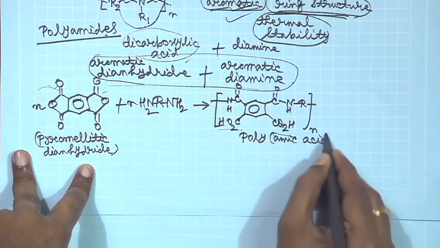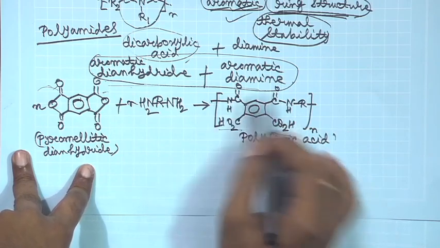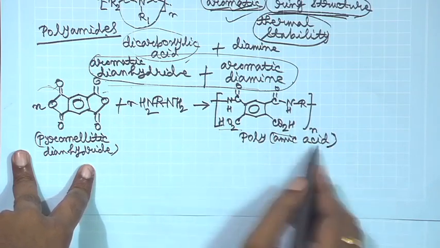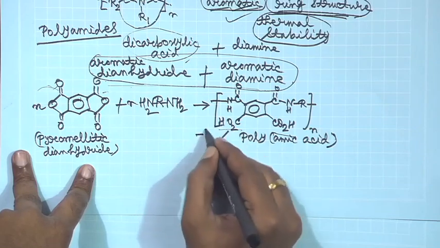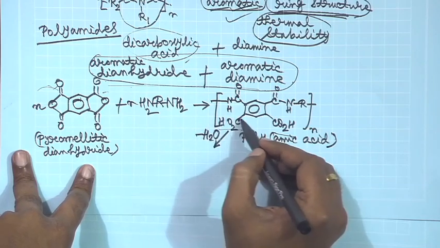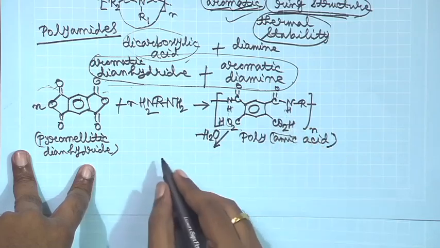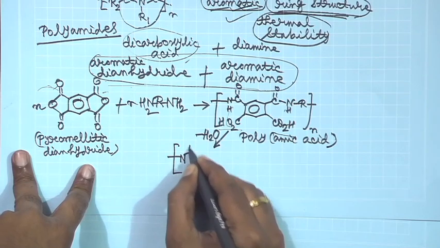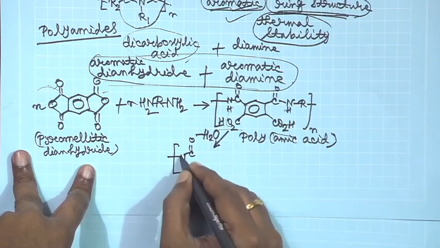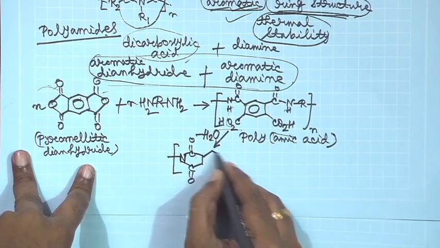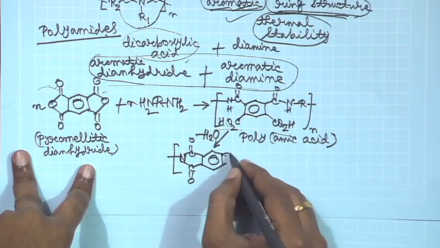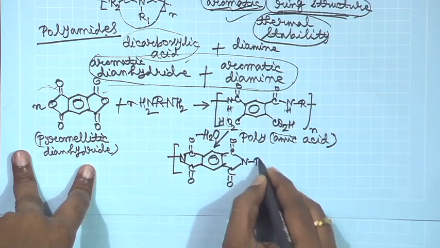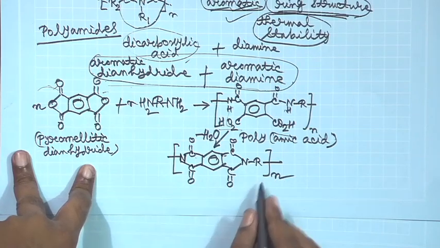This is called polyamic acid. This is not your polyimide, this is an intermediate. That is why I told you that this is a two-stage process. In the first stage, you prepare what you call polyamic acid. Then you can heat it up, and that will induce a cyclization on both sides, and you will get the final product, which is your imide. So, this is nitrogen. This is your polyimide.